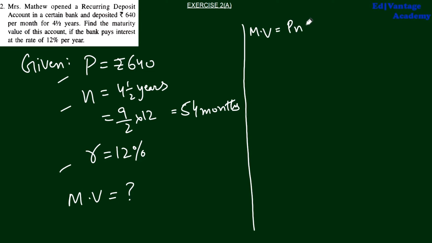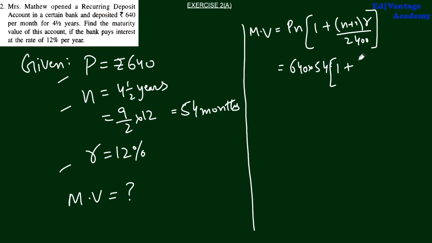So it's P into N, 1 plus N plus 1 into R divided by 2400. P is given as 640 into 54, 1 plus 54 plus 1 is 55, into R, which is 12 by 2400. Since 12 and 2400 can cancel, it comes to 200. Then 55 and 200 can get reduced.